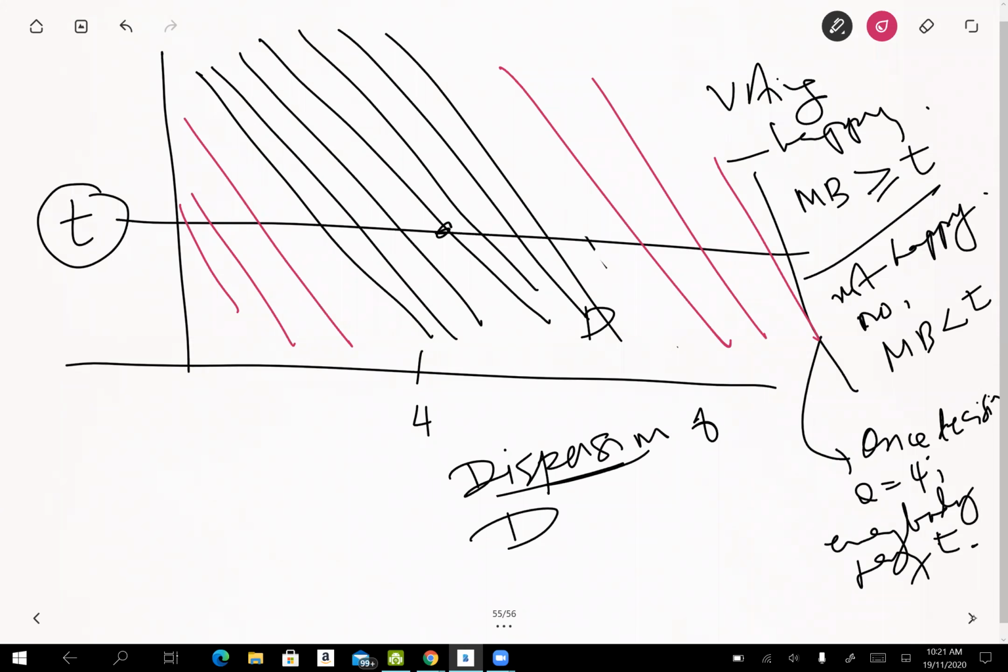So you can make the comparison between the degree of happiness and the degree of unhappiness.